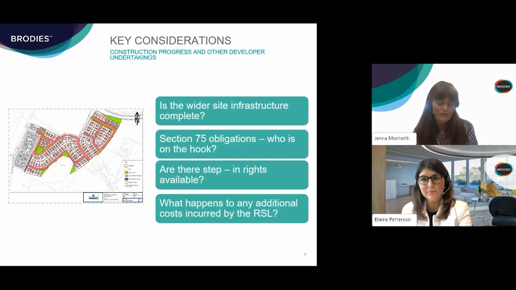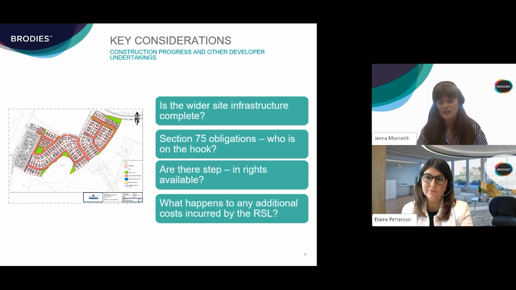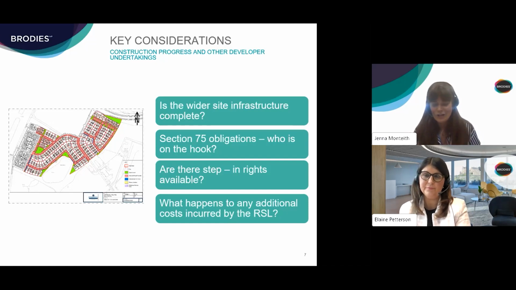And of different kinds, that could be really quite onerous, such as contributing to the development of a high school or a train station, or myriad things. So yeah, absolutely, some sites will be more complex than others.